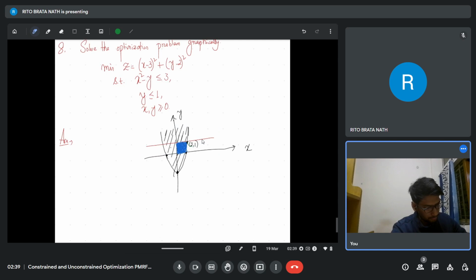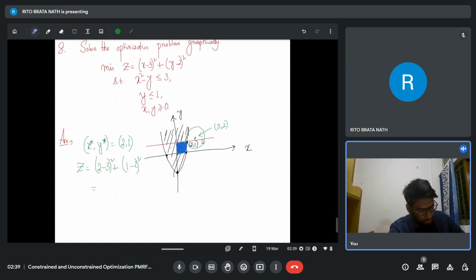The center of the circle will be (3, 2), and the circle passes through this point (2, 1). So that means your x star, y star will be at (2, 1), and your z value will be (2 minus 3) whole square plus (1 minus 2) whole square.